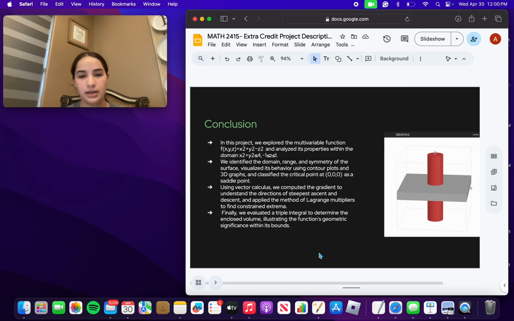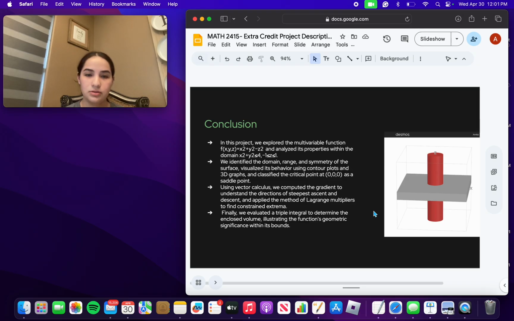Then we identified the domain, range, and symmetry of the surface, visualized its behavior using contour plots and 3D graphs, which is what I did here, and classified the critical point at 0, 0, 0 as a saddle point.